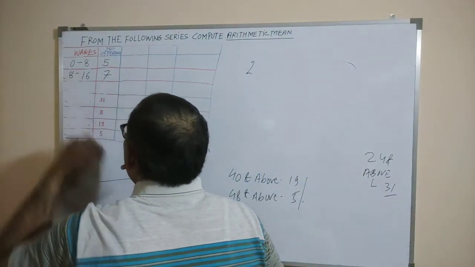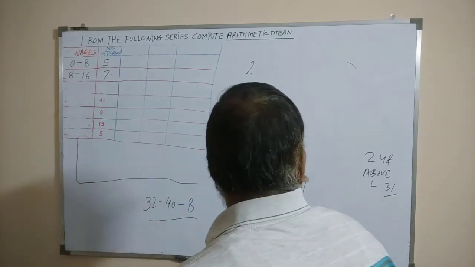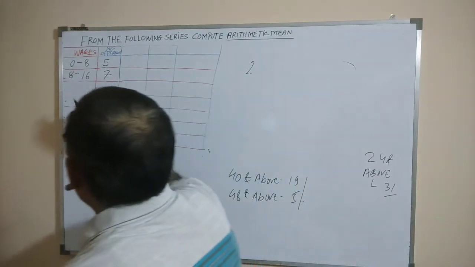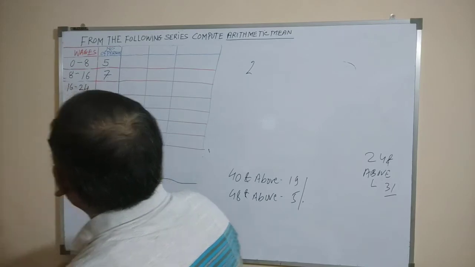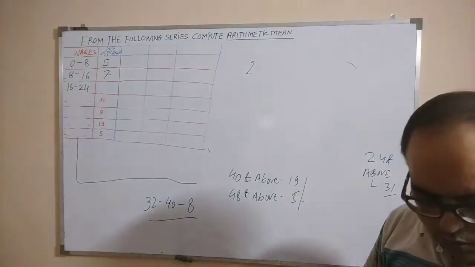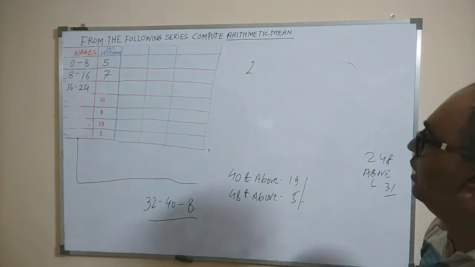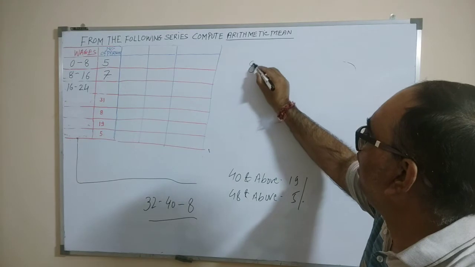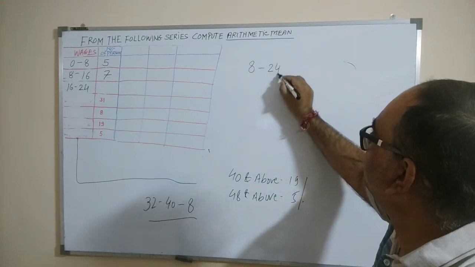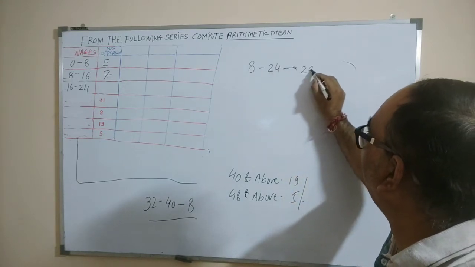Next class interval will be 16 to 24. It is given to us in the question that rupees 8 to 24 wages is given to 29%.